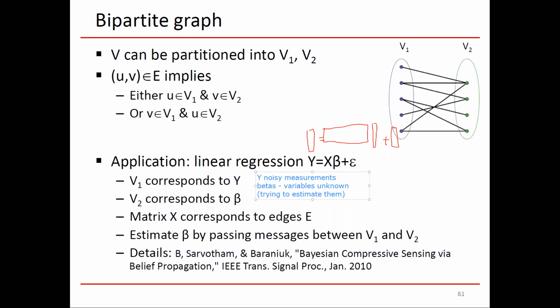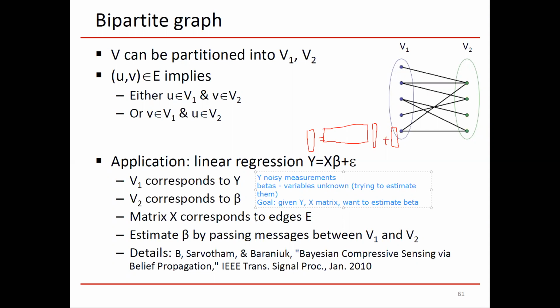Our overall goal, given y, the noisy measurement, and X, the matrix, is to estimate beta. So we're going to arrange the y's in V1, the betas in V2.